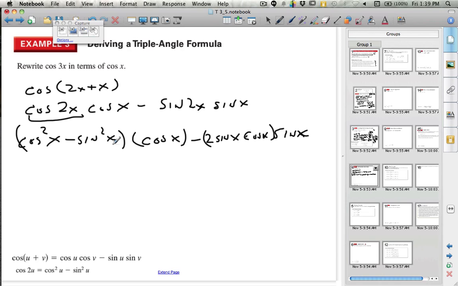Okay, if we want to go ahead and start simplifying some of these things, I know that sine squared x is going to be 1 minus cosine squared x.